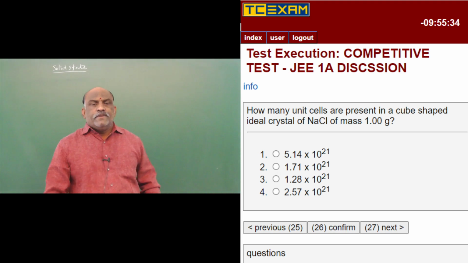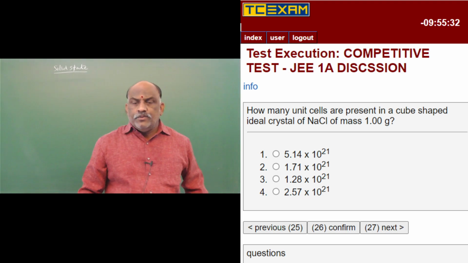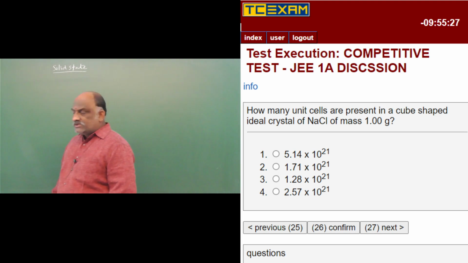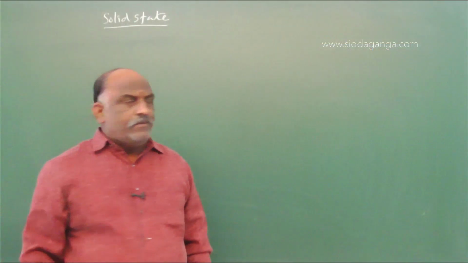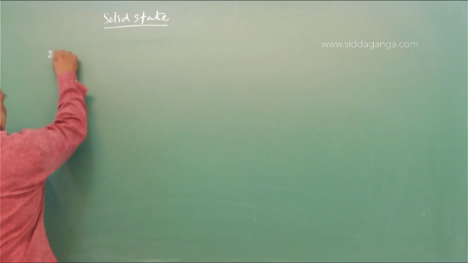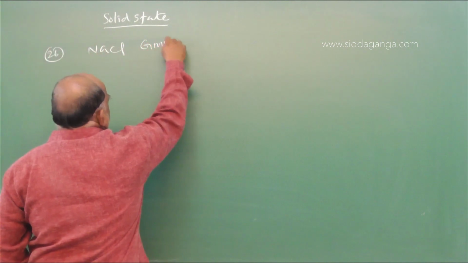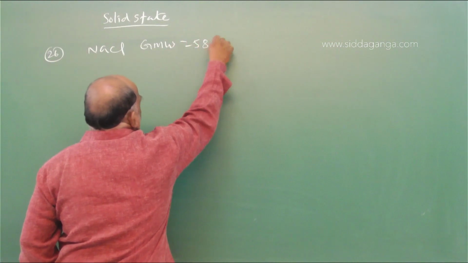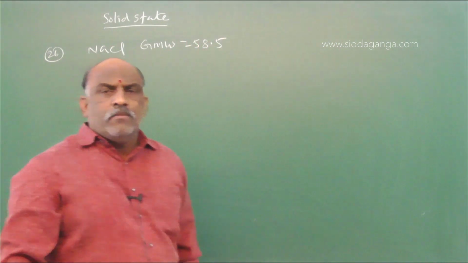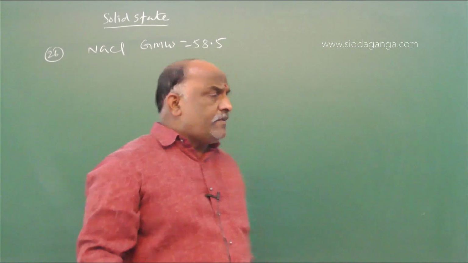So here, how many unit cells are present in a cube shaped ideal crystal of sodium chloride? Mass is equal to 1 gram. So this is a simple question. 26th, sodium chloride gram molecular weight is equal to 58.5.